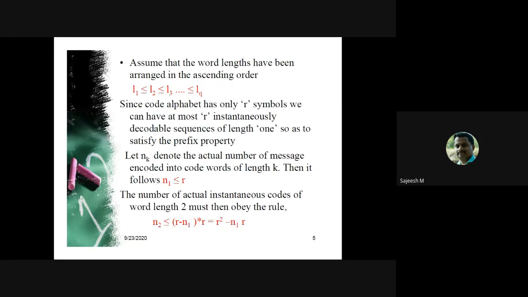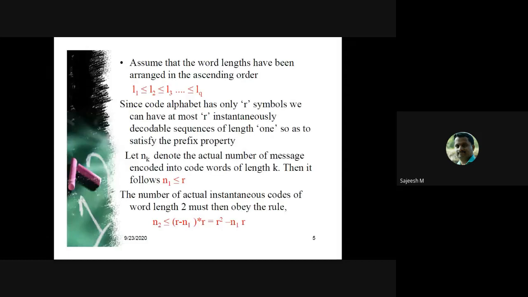We can go to the proof of this Kraft inequality. Assume that the word lengths have been arranged in ascending order. That is, we take the lengths of the code words as L1, L2, L3, etc., up to LQ, with L1 less than or equal to L2 less than or equal to L3, etc., less than or equal to LQ.